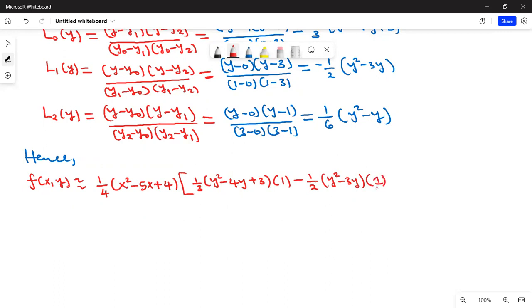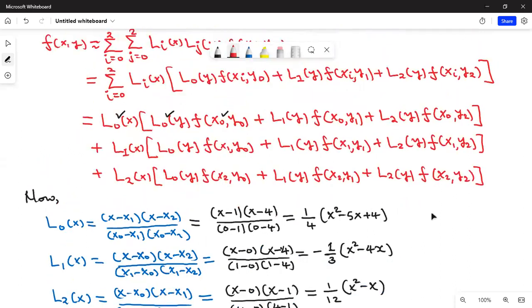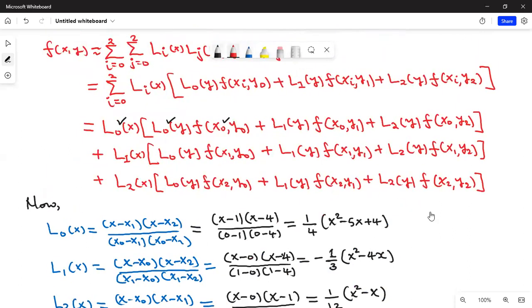Then lastly plus L2 of y, which is 1 over 6, y squared minus y times f of x naught, y2. That again was 1. So that's simply the first line in this equation. See, we have replaced everything here. I've replaced this, also this.